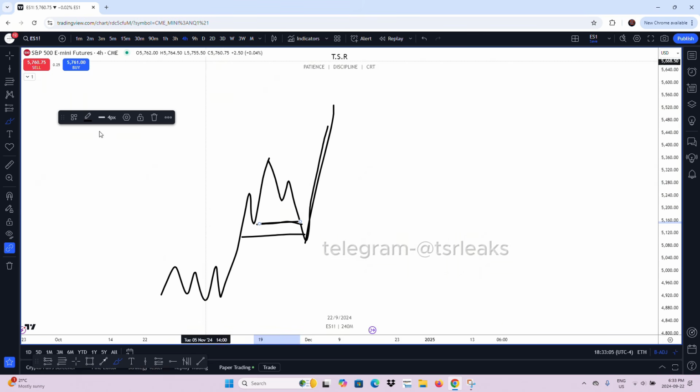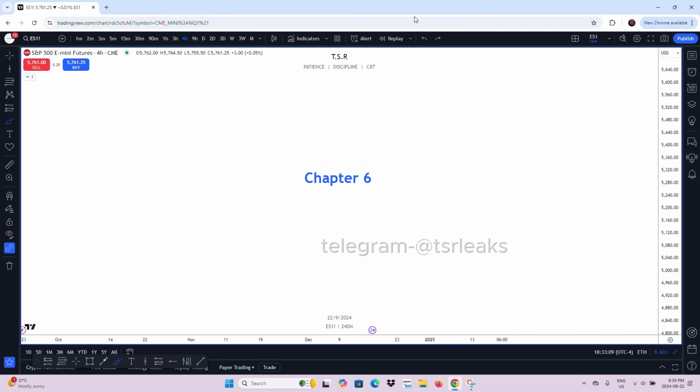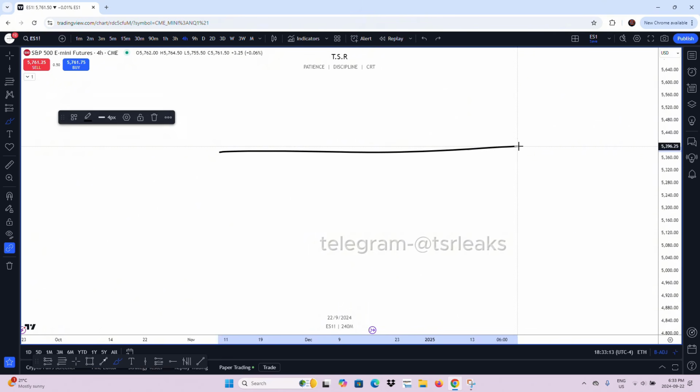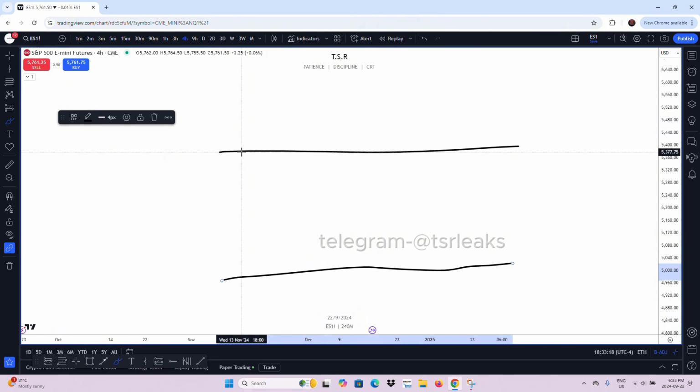We know that within a CRT, we have the high and low of the CRT. We have the first candle forming the range high and low. The second candle turtle souping with the low. And the next candles will be doing what?